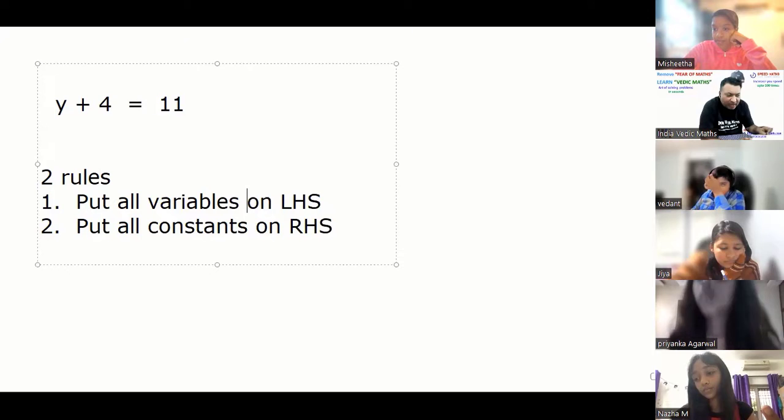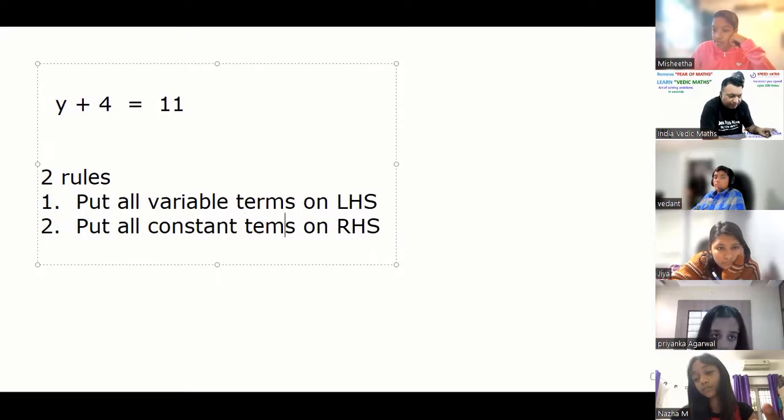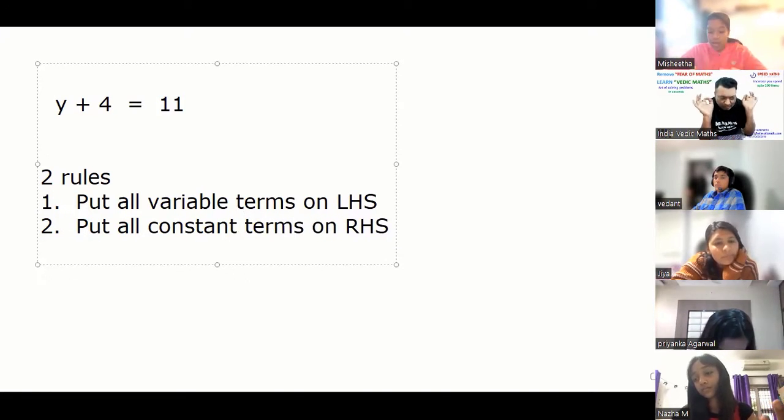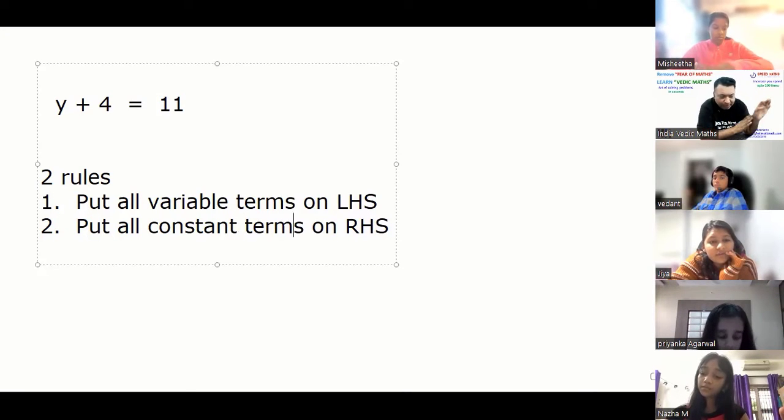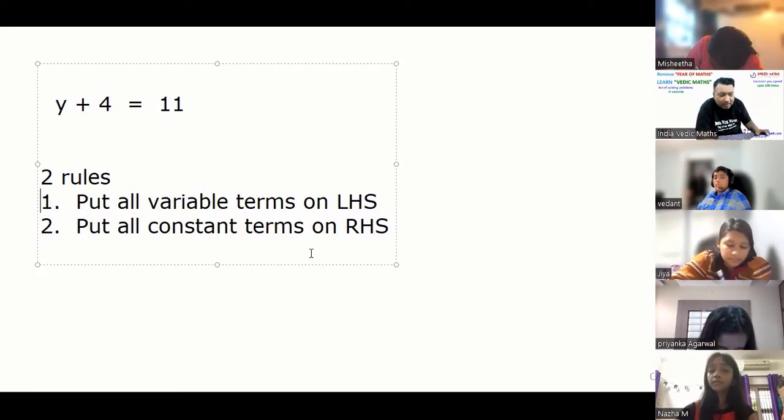When we say variable, it means variable terms, and constant means constant terms. We learned what is variable or constant. Are these the rules for solving an equation of one variable or multiple? Yes. Put all variable terms in the left hand side, put all constants in the right hand side.